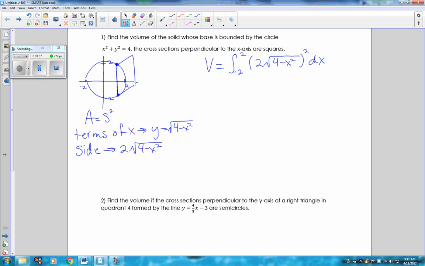Okay, so from here, you have to integrate it. But first of all, let's square it to get rid of that radical. Don't forget to square that 2. When you square that 2, you're going to have 4. And then when I square that, that removes the radical.